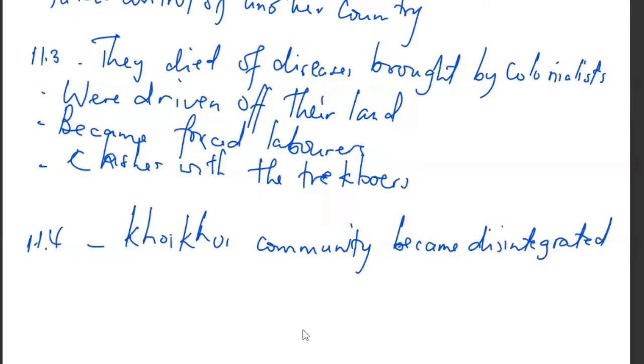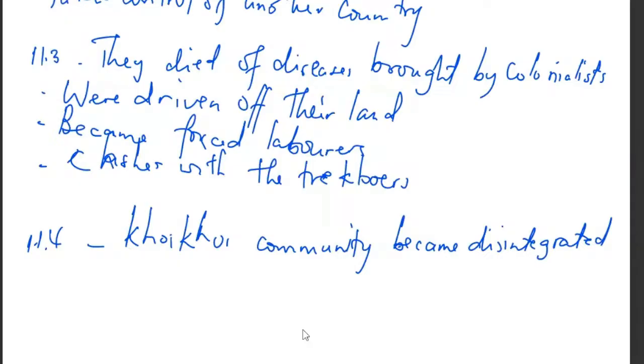It clearly shows that it was an impact which was negative on the people. Initially, before the coming of the colonialists, they were staying as a united group, having organized activities, managing their own life, and doing their own things. But because of the coming of the colonialists, the Khoi community became disintegrated. So it had a negative implication on the community of the Khoi. They became disintegrated because of the impact of colonialism and the coming of the colonialists.